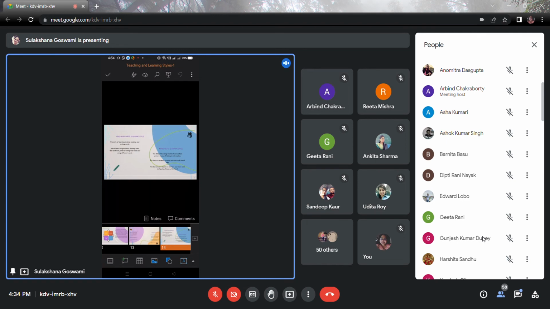Next, number 4, the bodily or kinesthetic learning style. This style of learning involves touch. This is the preferred mode of learning for those learners who have visual problems. They cannot see the blackboard from the back bench.